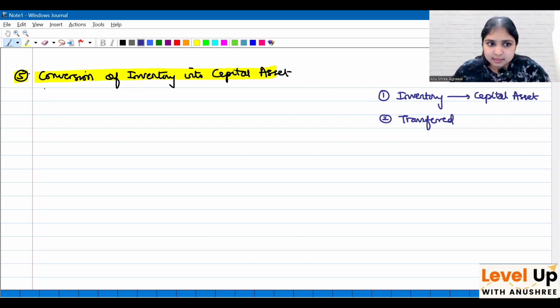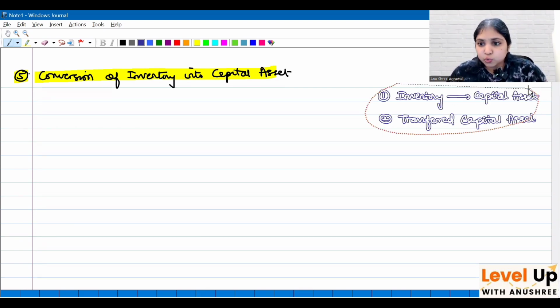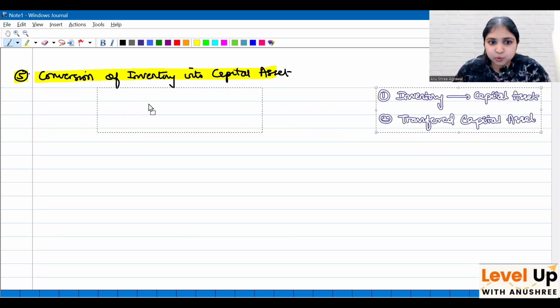My assessee had inventory. This inventory got converted into capital asset. So what does my assessee have in his hands now? Yes, capital asset, and then later he transferred the capital asset. These are the two transactions which have happened over here.